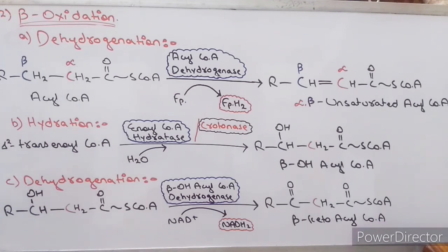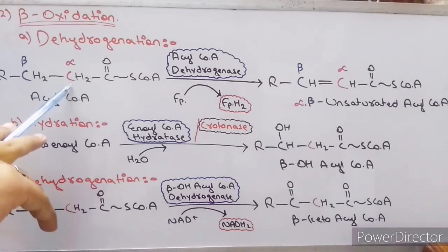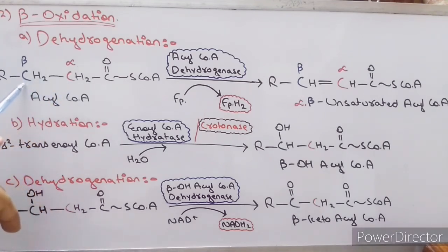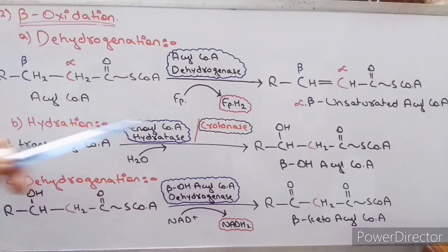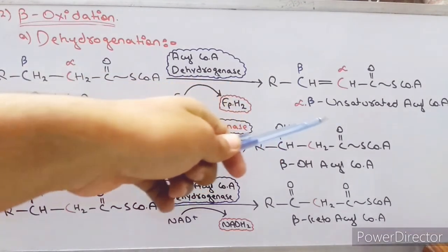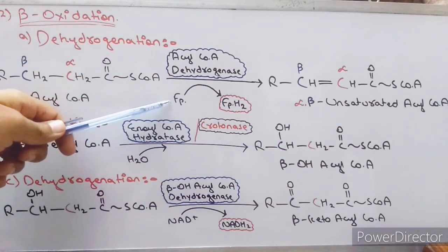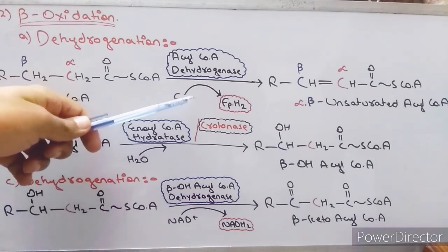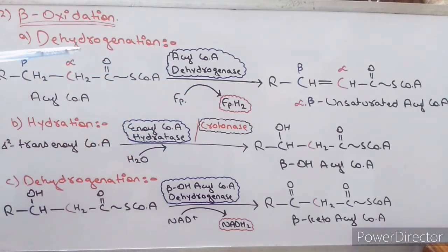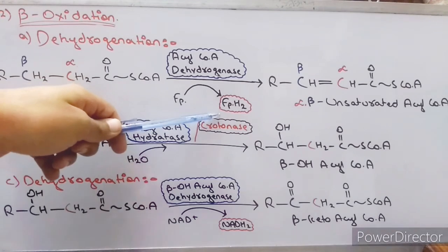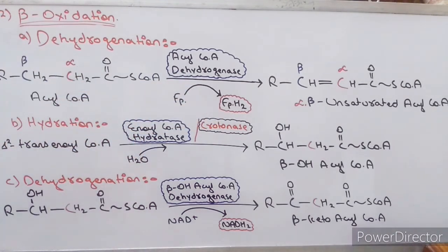Anyhow, the first step that happens in the mitochondrial matrix is dehydrogenation. The hydrogen from the alpha carbon and one hydrogen from the beta carbon are removed by the enzyme acyl coenzyme dehydrogenase, and the product is the alpha beta unsaturated acyl coenzyme A. The flavoprotein containing FAD as its prosthetic group is reduced, which is used for ATP synthesis in the electron transport chain.